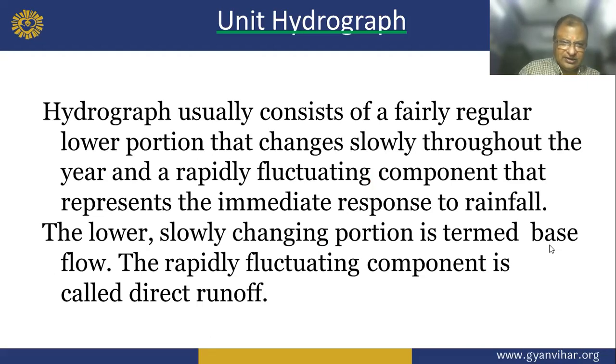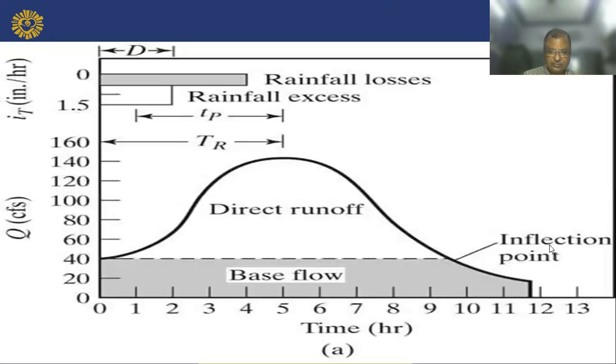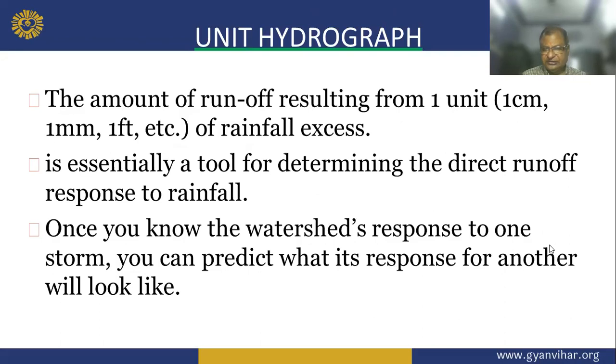The lower, slowly changing portion is termed base flow, and the rapidly fluctuating component is called direct runoff. This is the direct runoff, and this is also a unit hydrograph.